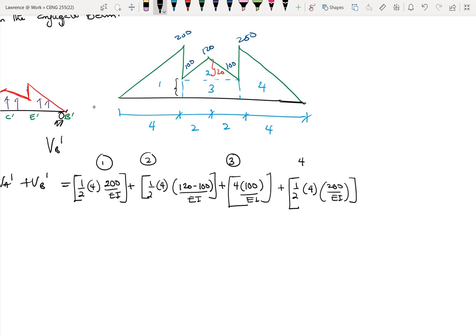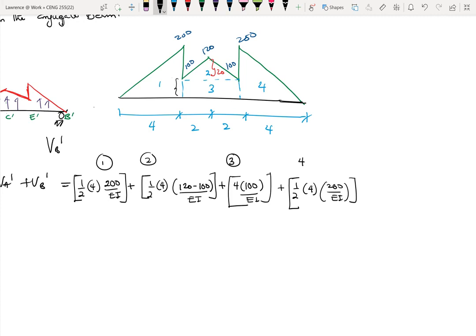Great. So from here, we can add everything up. So this becomes 400 over EI. This will give us 40 over EI. This will give us 400 over EI and 400 over EI.